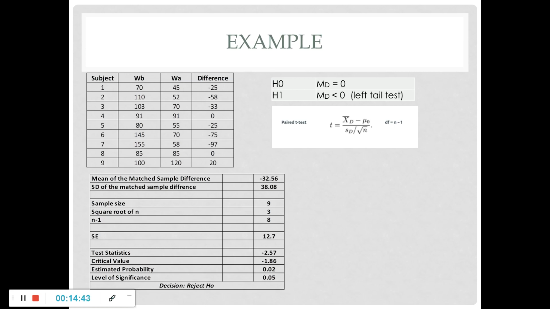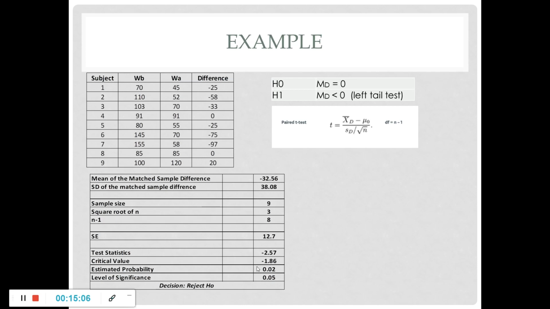Identify the value corresponding to level of significance 0.05 and degrees of freedom 8. You will find it is minus 1.86.